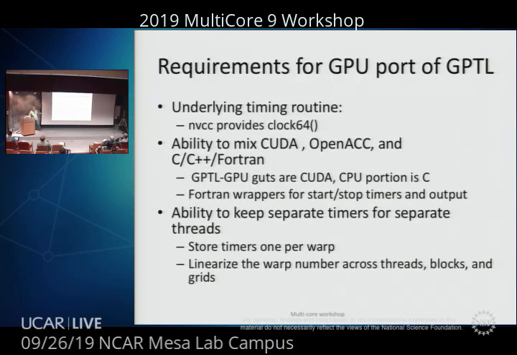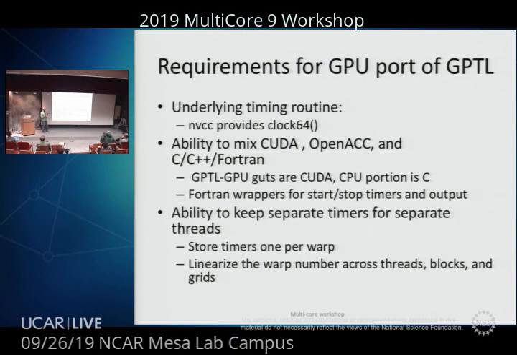Okay, so one of the keys: what do I need to be able to gather timing information is just critical. There needs to be a system-provided routine to count either wall clock time or clock cycles. And it turns out there is one. In CUDA, you can call this routine clock64.